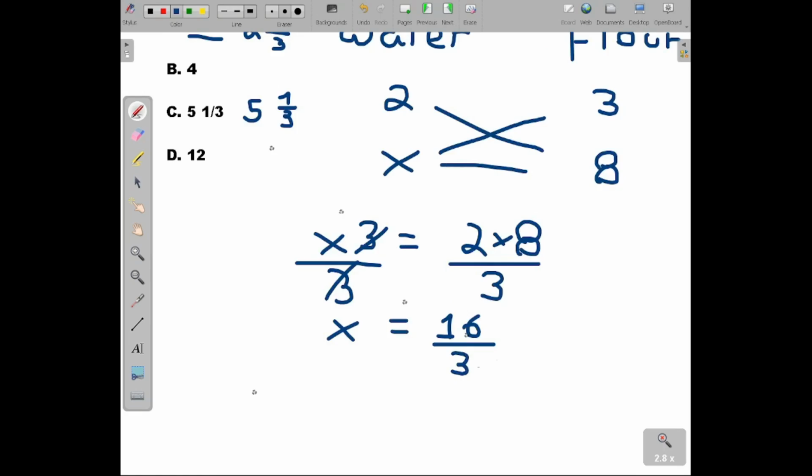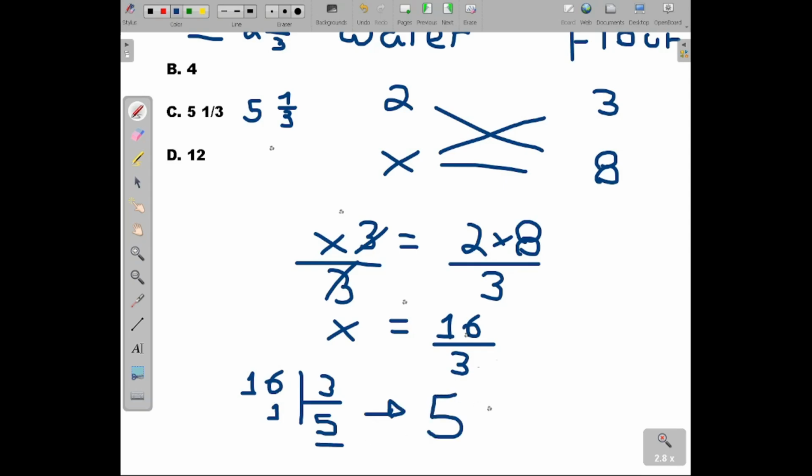So we divide 16 by 3. What number multiplied by 3 is equal or less than 16? It could be 5, because 3 times 5 is 15. 16 minus 15 is equal to 1, so we have 1 left.